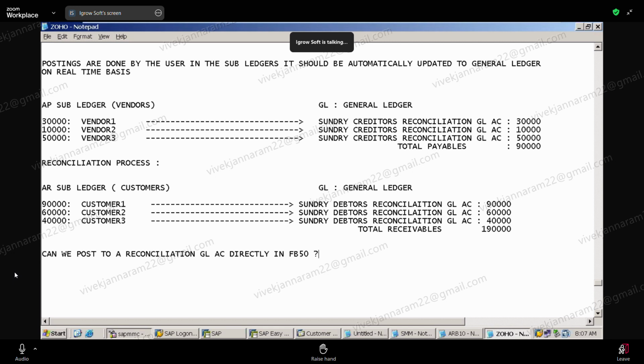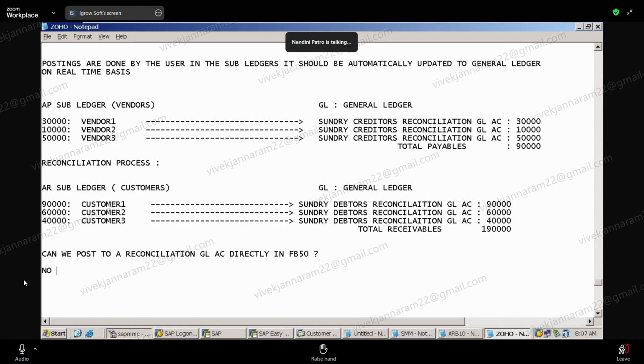This is the question. Can we post to a reconciliation GL account directly in FD50? The answer is no. Okay, why no?